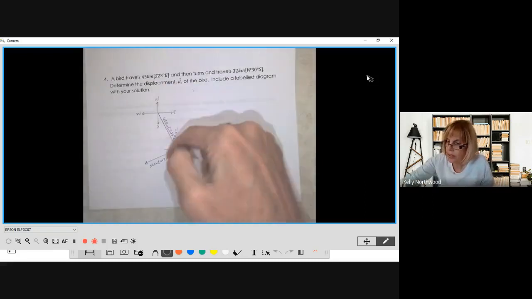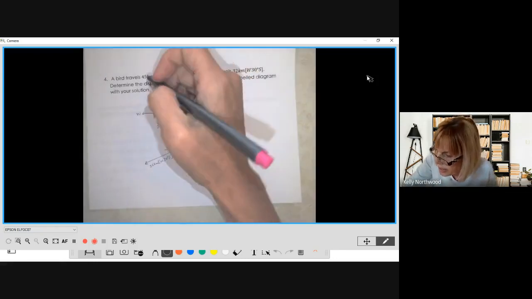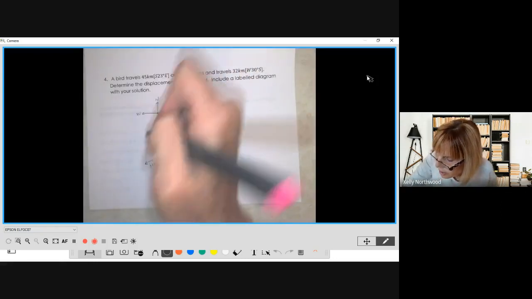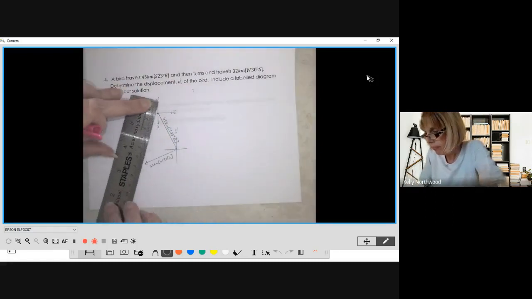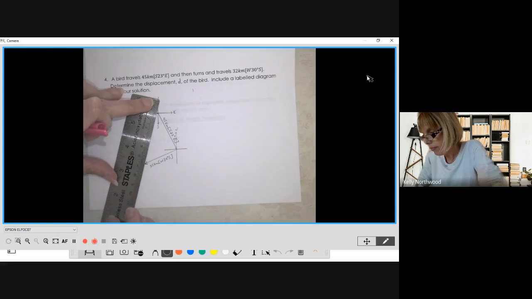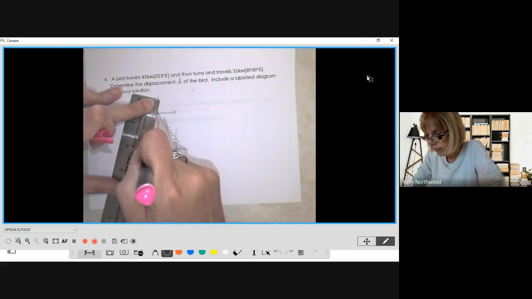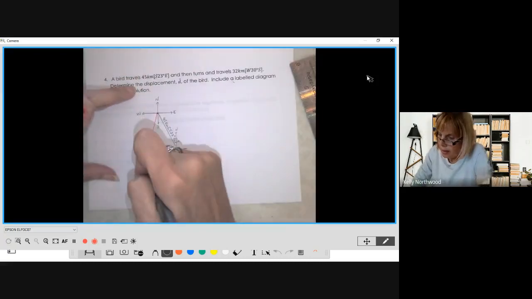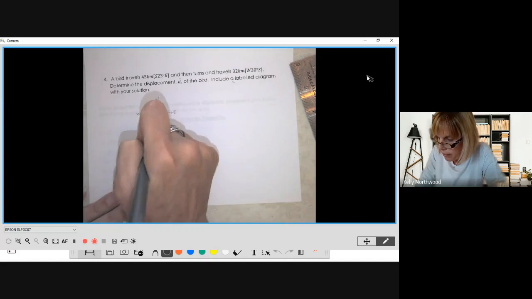So I've added the vectors tip to tail, and now I need to draw the displacement vector, which is going to start at the tail of the first vector and end at the tip of the second. And it's got an arrow, and we're calling it displacement.